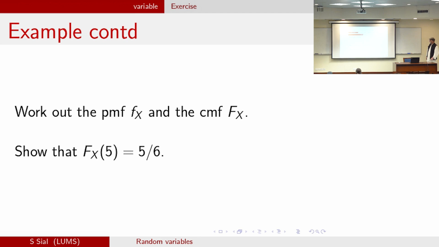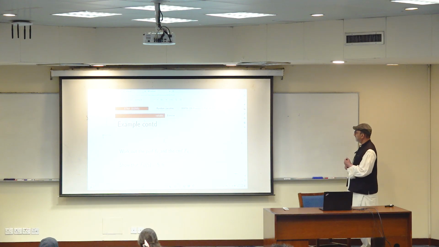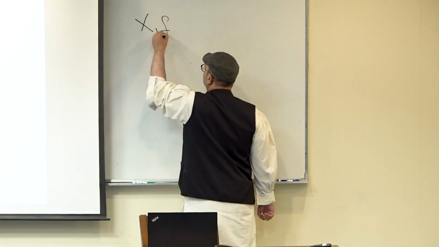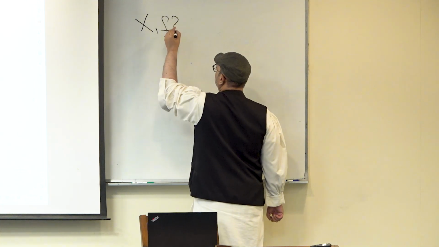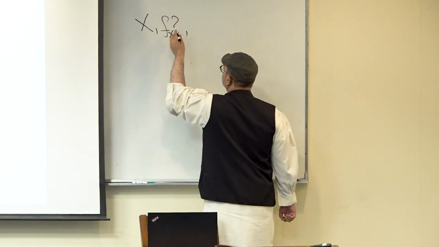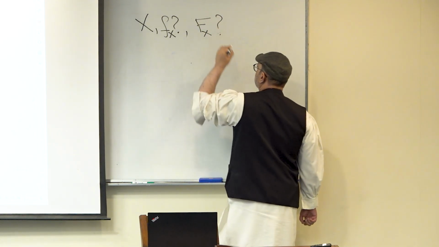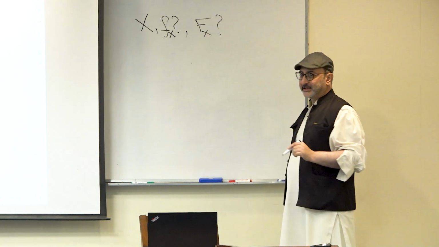Now let's work out the PMF and the CMF for this x. So we have x. We want to find its probability mass function. We want to find its cumulative mass function.